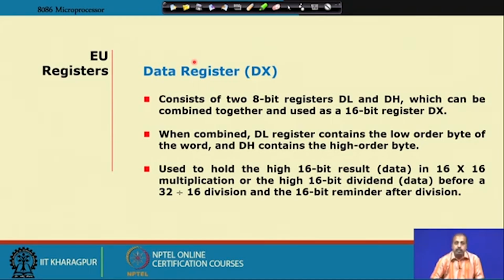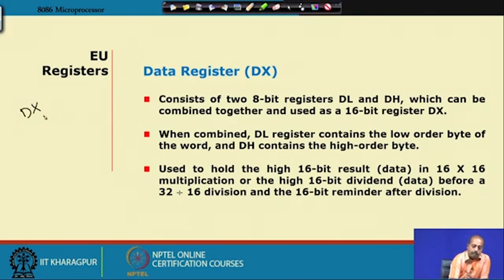If you do 16 cross 16 multiplication, the result will be 32-bit, and for that 32-bit result, the DX register will hold the higher order part and the AX register will hold the lower order part. Similarly, for the division operation, it holds the high 16-bit dividend before 32 by 16 division, and the 16-bit remainder after division. So the DX register is particularly suitable for multiplication and division operations.